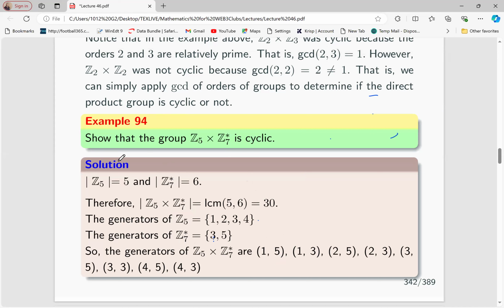Because the easiest way I found of writing the code to give me the generators for this group, one is to write the code to get the generator for this group, which we did last week. So I now write a code that has a part for doing the generator for this first group, then another part for doing the generator for this other group.